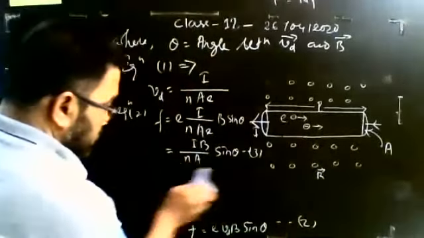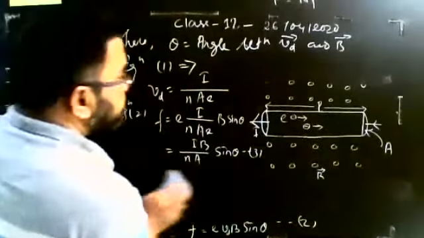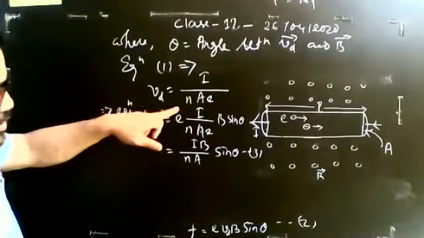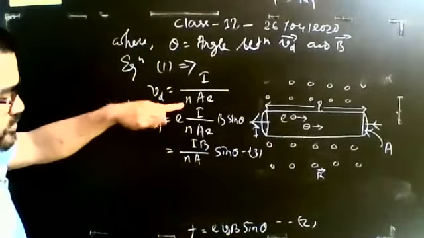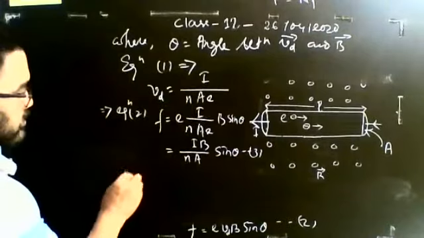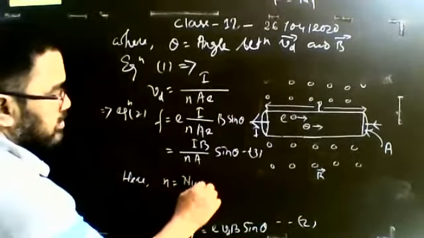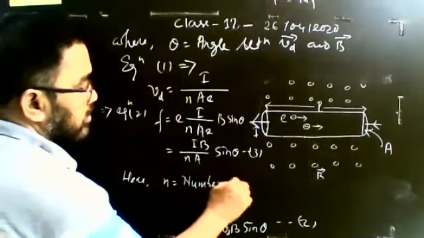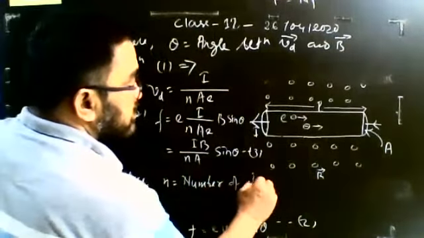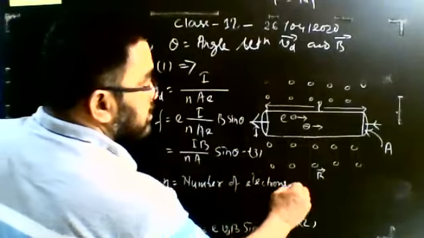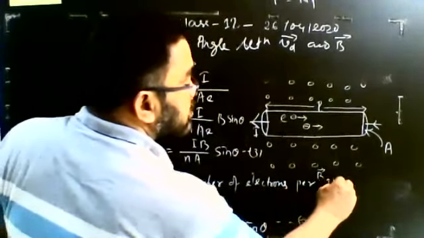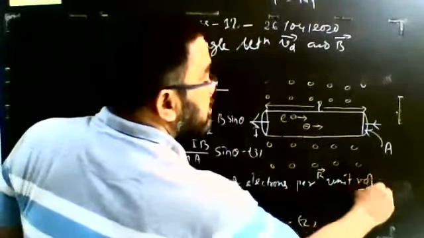Now here, what is small n? So in this equation we are writing small n. Here, small n is the number of electrons per unit volume.